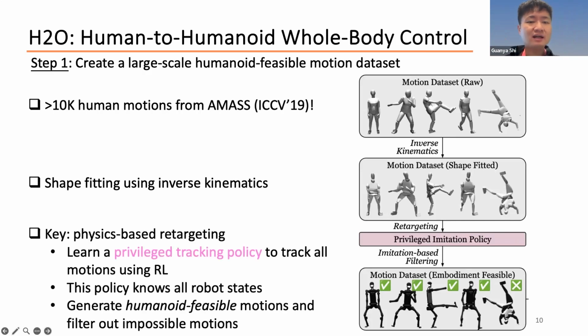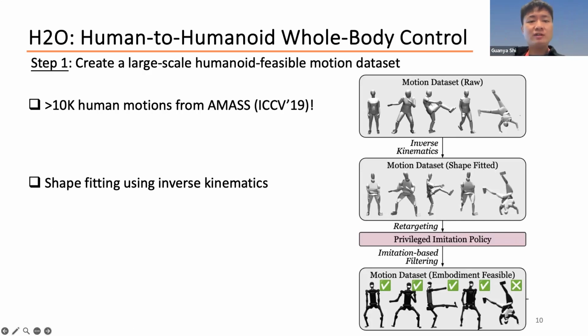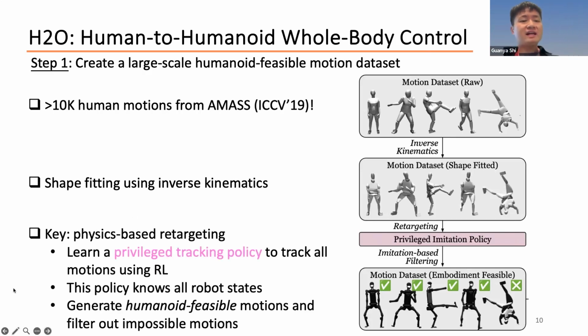And after this, it's still not enough because this procedure is only at the kinematic level. It doesn't consider physics. So we did another step called physics-based retargeting, from the second row to the third row. What we did is we learned an RL policy, a privileged tracking policy, the pink policy here, right? This policy is going to track all the motions in the second row using reinforcement learning.